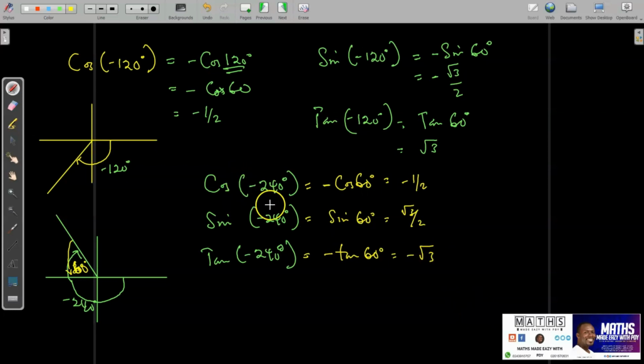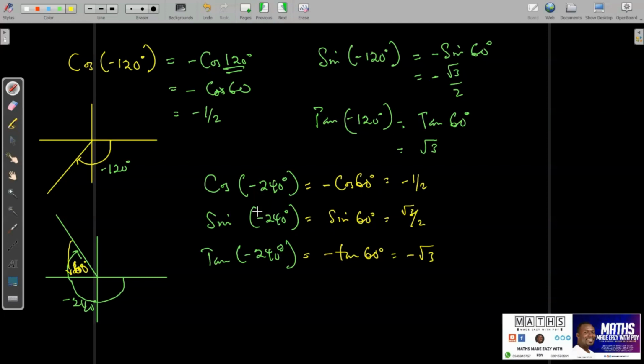So please take note of this. Whenever you are given any negative angle to deal with, you ask yourself, when you sketch that angle, which quadrant will it find itself? That's one. Number two is, what is the behavior of the trig ratio of that angle within that quadrant? And that is when your solutions will be generated.